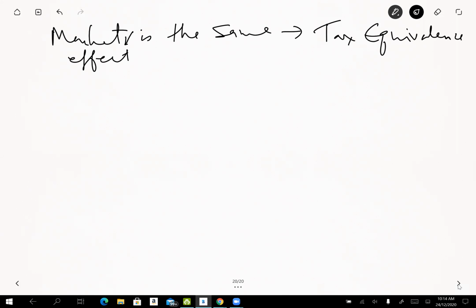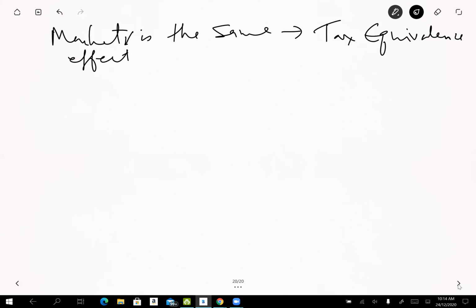Tax equivalence or incidence equivalence. I checked. Sometimes there are so many terms. I think tax equivalence. So we call it tax equivalence.